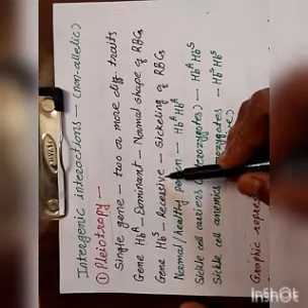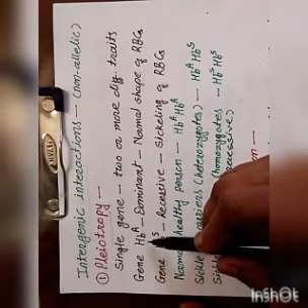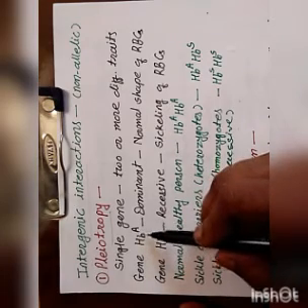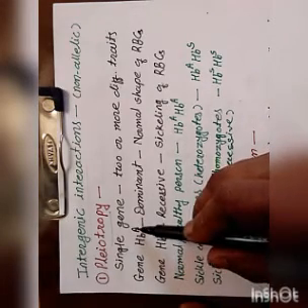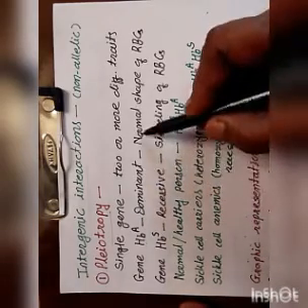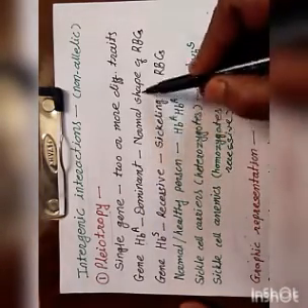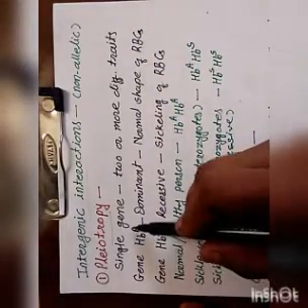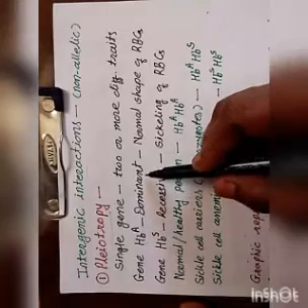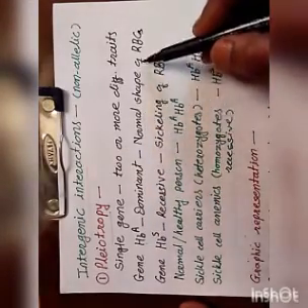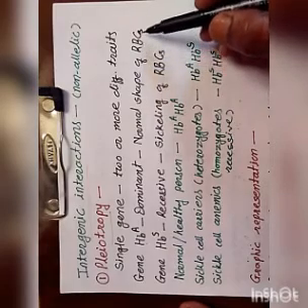While in normal or healthy persons, the HBA gene is present, and this HBA gene is the dominant gene which is responsible for the maintenance of the normal shape of the RBCs. Means this HBA dominant gene maintains the biconcave shape of the red blood cells.